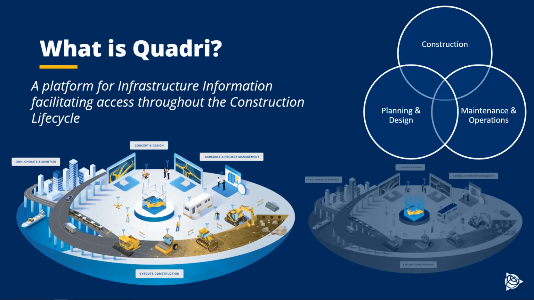In a nutshell, Quadri combines construction, planning and design, and maintenance and operations in one location, with all of that data stored there, and it can be disseminated very easily to all the interested parties. Next slide.